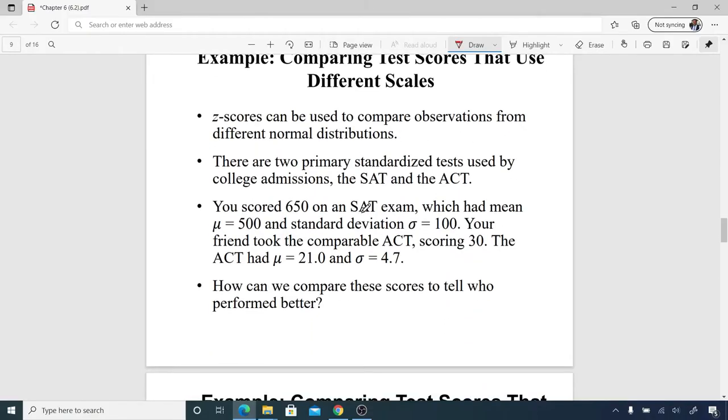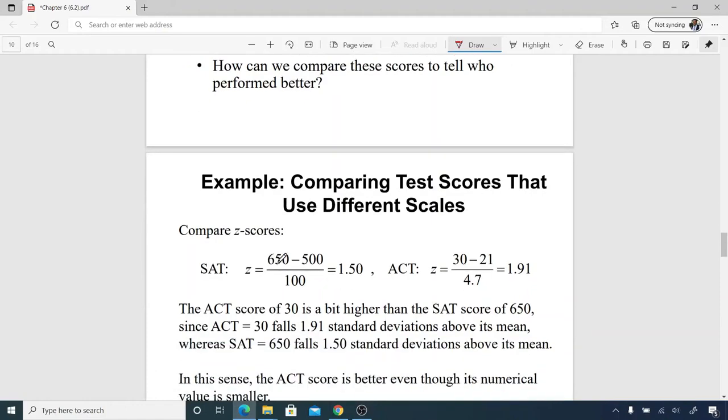For example, there are 2 situations here. First, you scored 650 on an SAT exam which had mean 500 and standard deviation 100. So the Z score for the SAT exam would be the observation, technically x minus mu, divided by sigma.